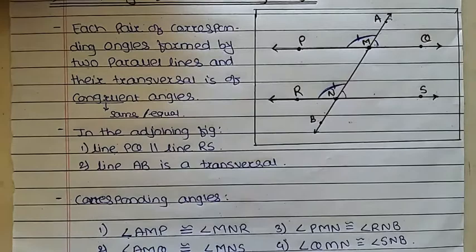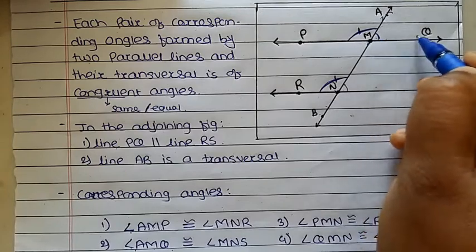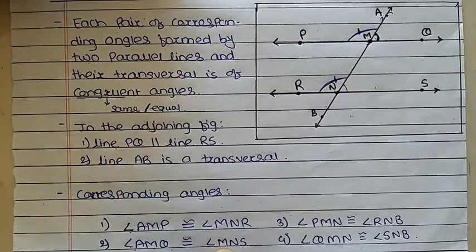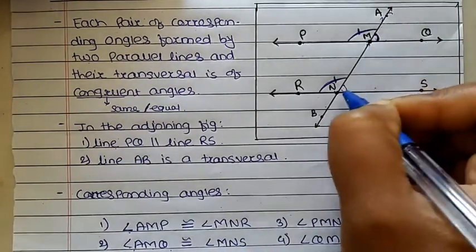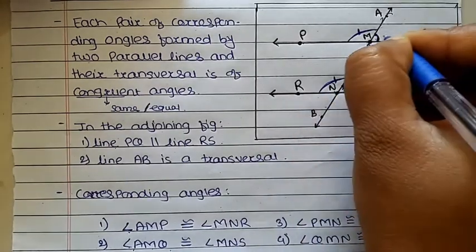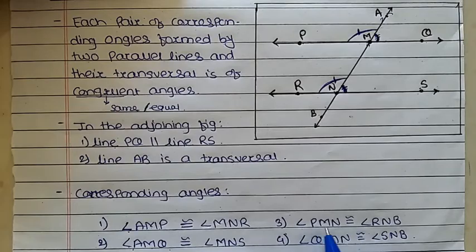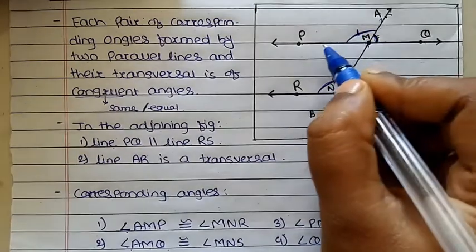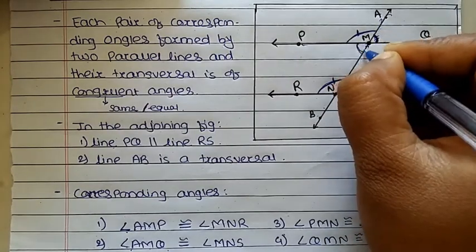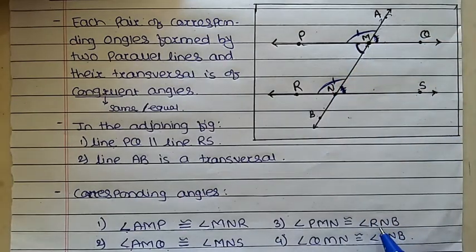Next, second, angle AMQ, this one, is equal to angle MNS. This is the second pair of corresponding angles. Next, third, angle PMN, this one, is equal to angle RNB.